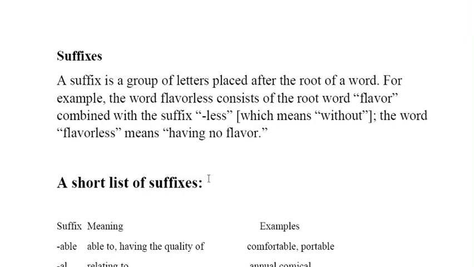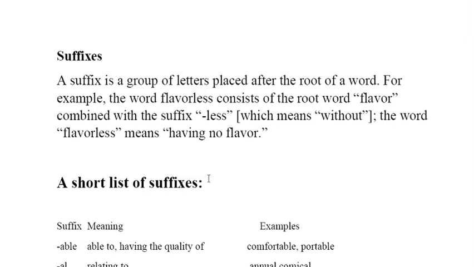So suffix and prefix, simply: a prefix is a group of letters that takes place before the root of a word, and a suffix is a group of letters that takes place after the root of a word, and they both change the meaning of the root word. And there will be different formation of the word.